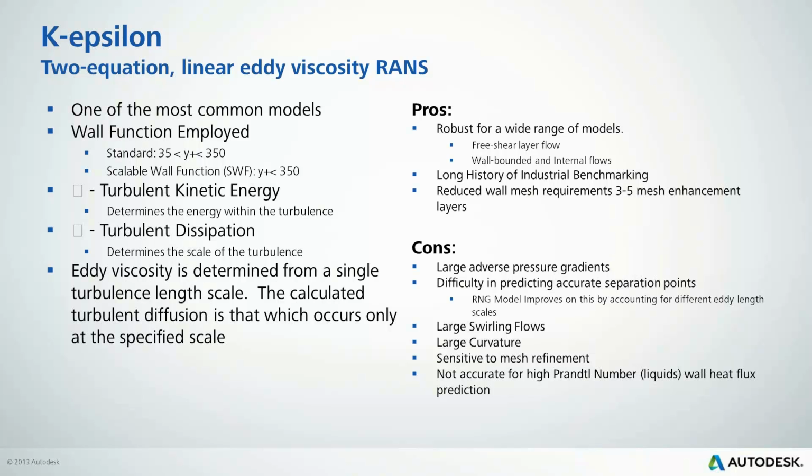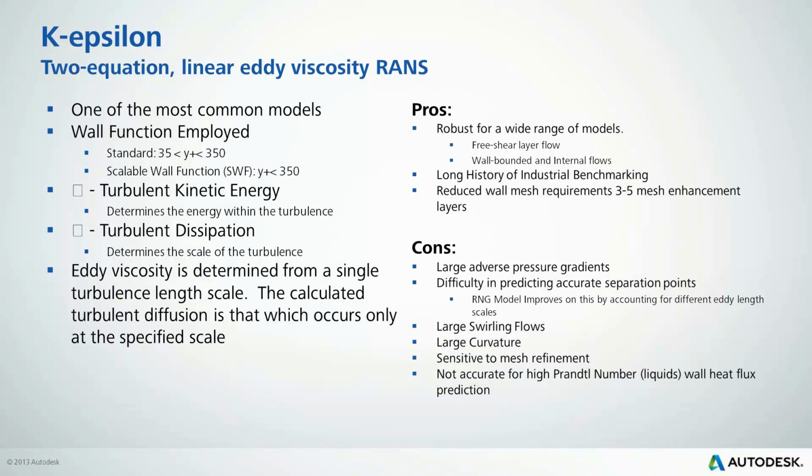Either way, this is a classic approach. It's shown to be very robust within the industry, so it has a long industrial benchmarking that you probably have at your office within your own model domain sets. And that's the pros of this model. It's robust, it's proven to work, and has very low mesh requirements compared to the newer modeling techniques.